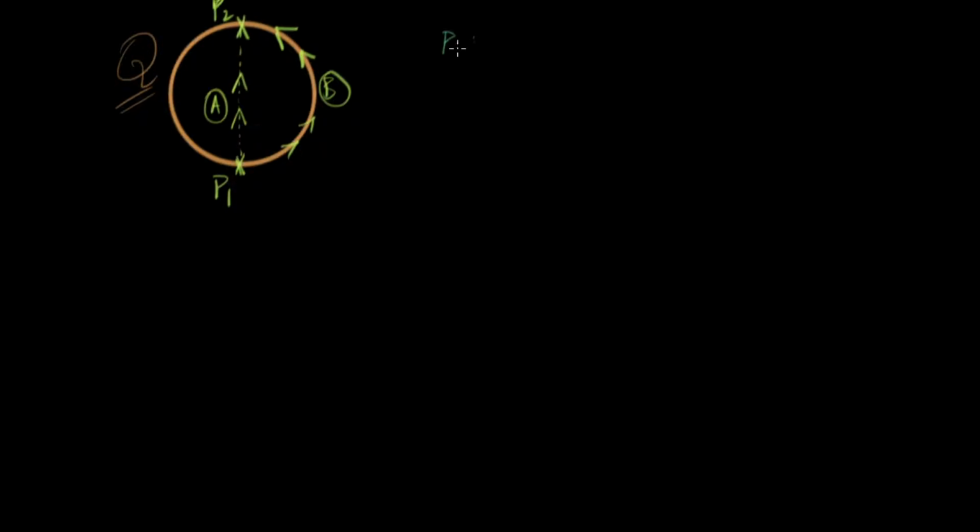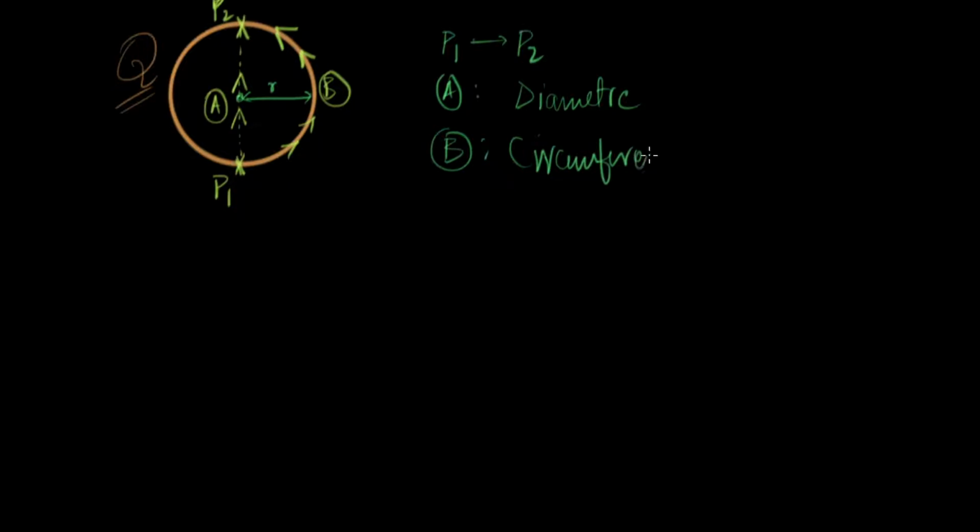So the motion is from P1 to P2. The first route that person A takes is across the diameter. If we assume that the radius of the circular ring is r, then the person moves along the diameter and ends up at point P2. Person B goes along the circumference from point P1 to point P2.